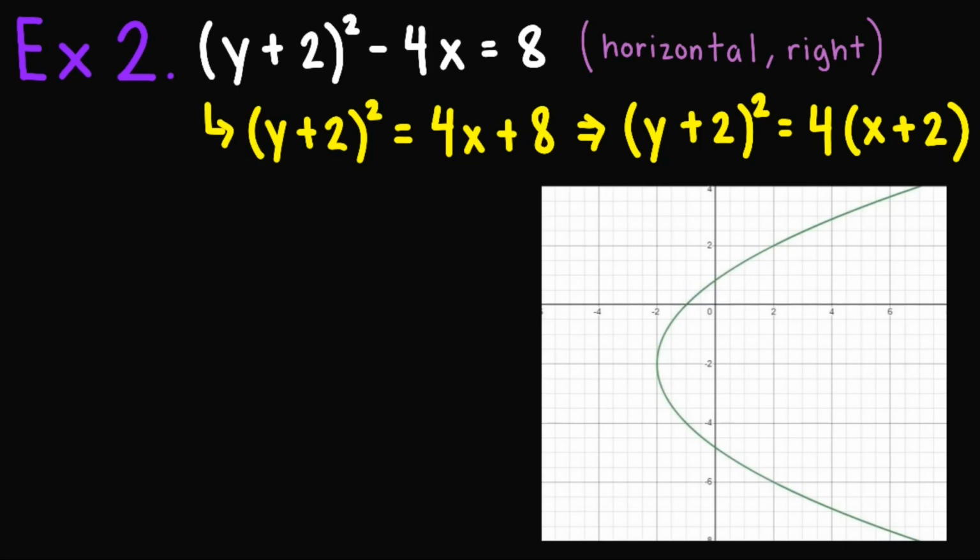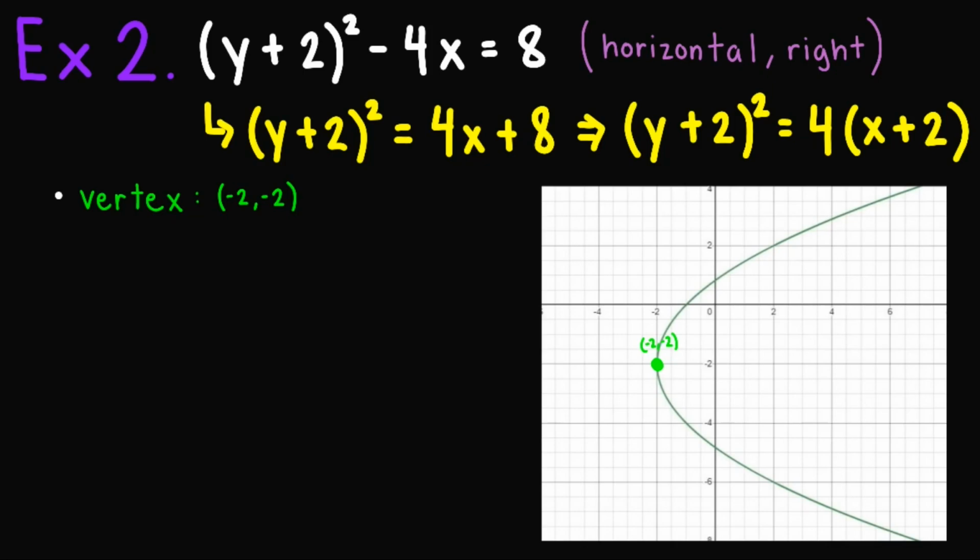So let's now try to find its parts. Take note that y plus 2 can be written as y minus negative 2, and we do the same for x plus 2, so it can be written as x minus negative 2. And so we know that the vertex is given by these two, so we have the point negative 2, negative 2.